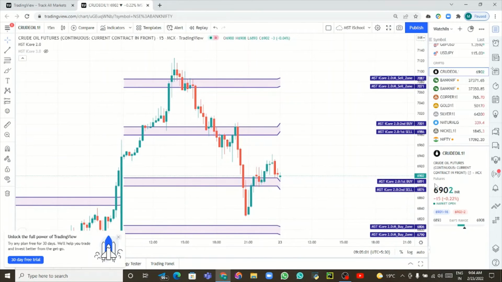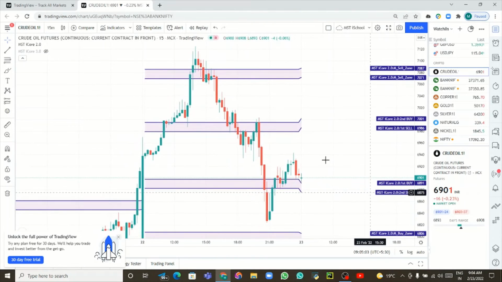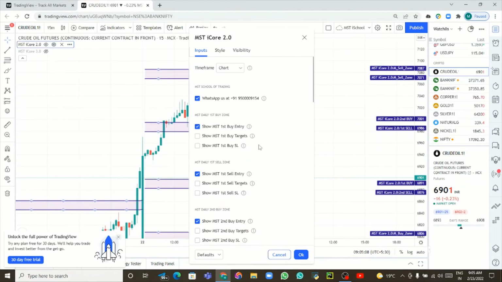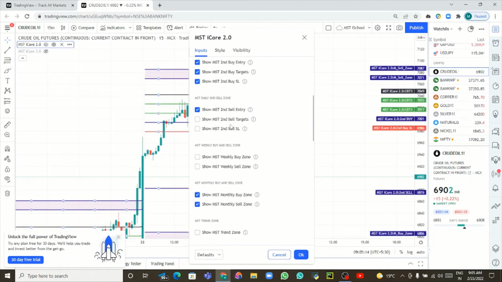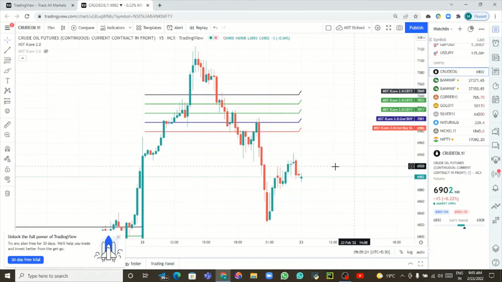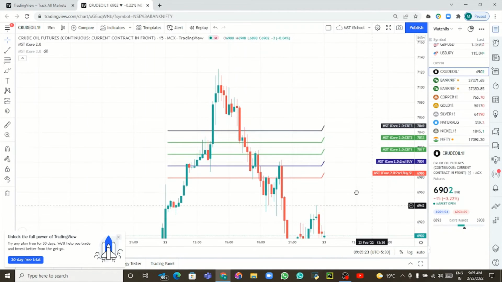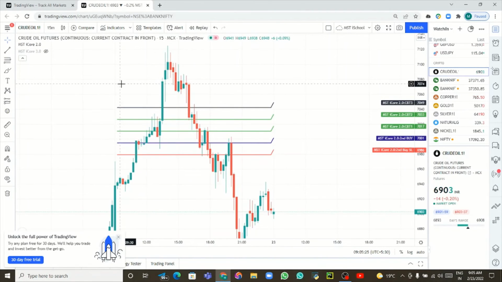See, the SL was only 15 points, right? But our SL was safe. Then the second buy was activated and all our targets in the second buy were achieved. So now I will disable all other entries and take only the second buy entry. See here, all the targets have been achieved in the second buy.